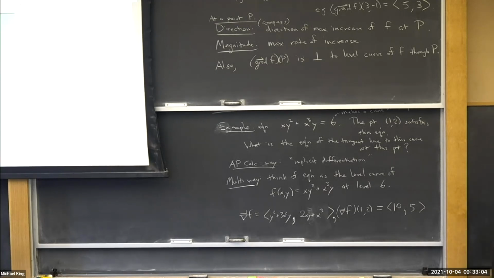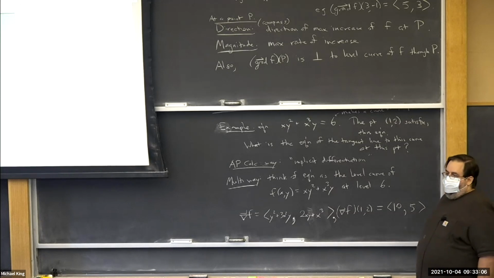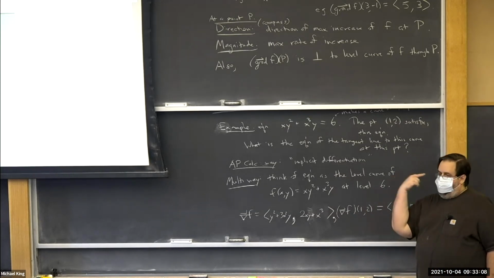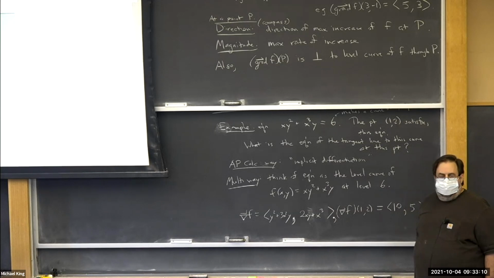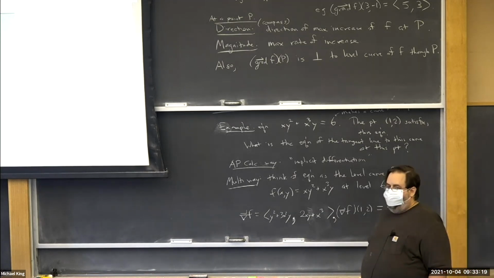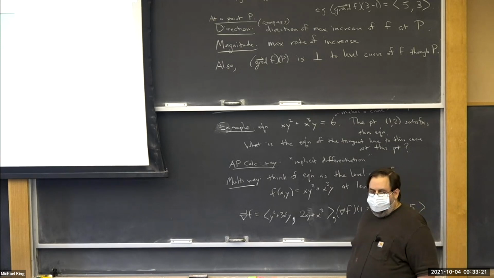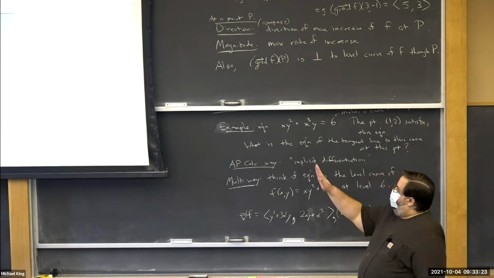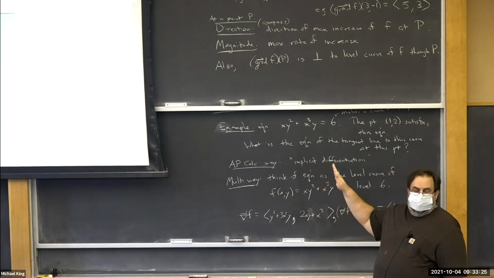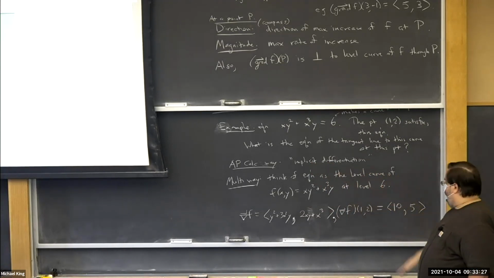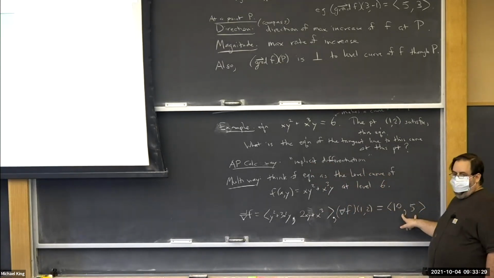Can someone tell me the slope of the tangent line at this point, just knowing that the gradient is (10, 5)? You're going down, okay. Do you have a number? Negative 2? Slope negative 2? Why do you say negative 2? When you dot that with (a, b) and solve for 0.